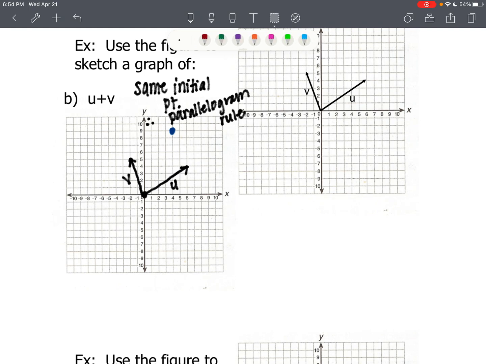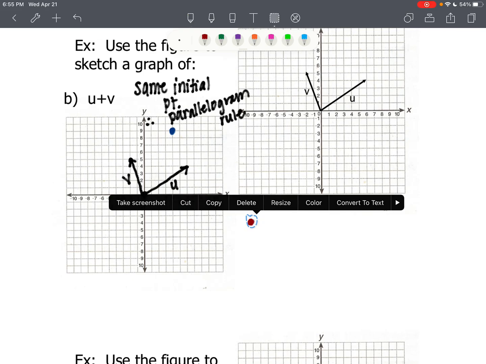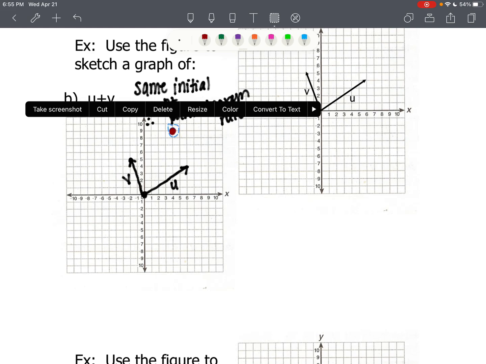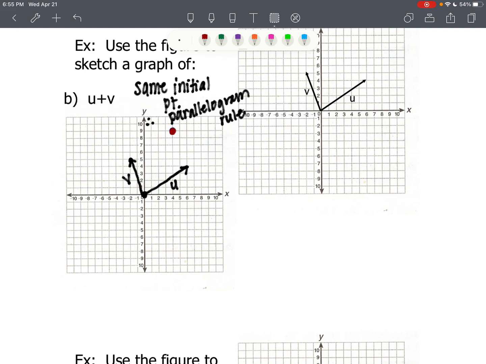Now another way to think of it is maybe I don't want to use the left and right side. Maybe I want to use that bottom side. So this point would go right 6 and up 4. So this end point would go right 6 and up 4. And either way, we end up with a point at 4, 9.